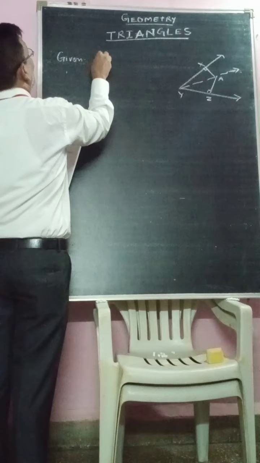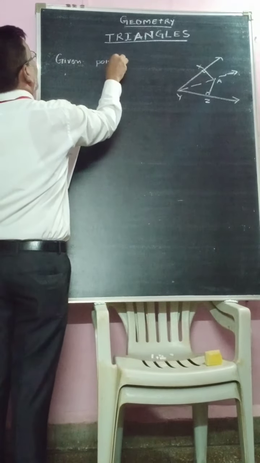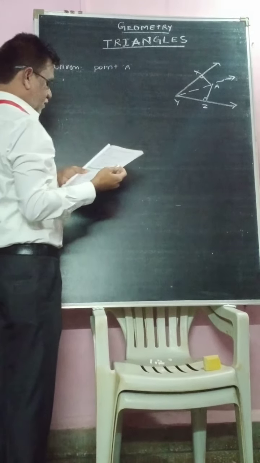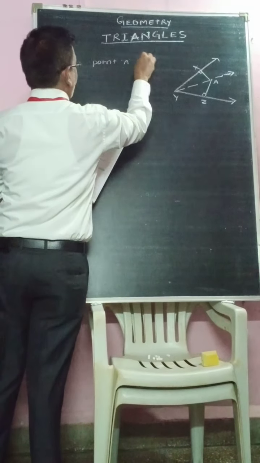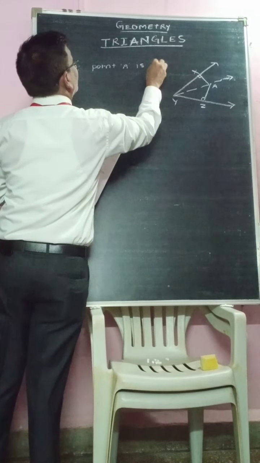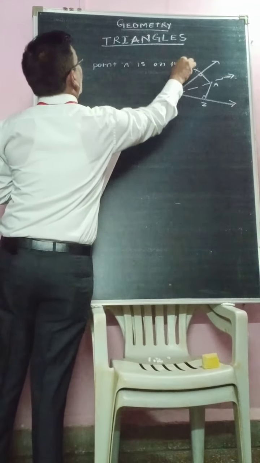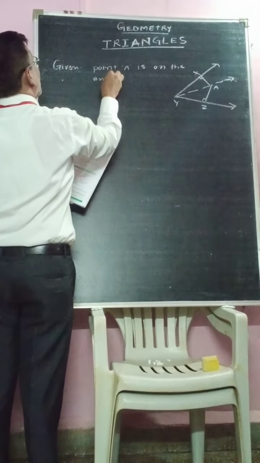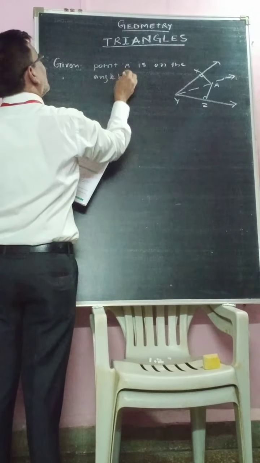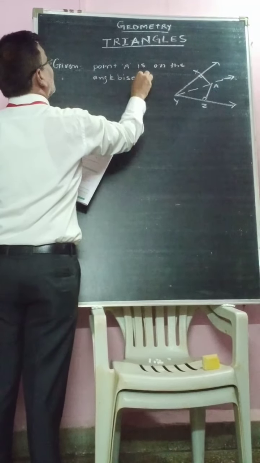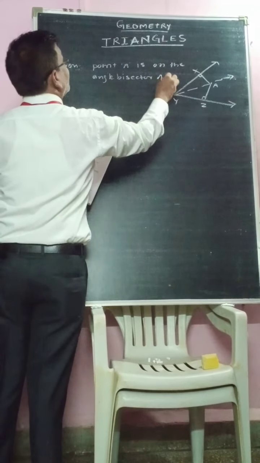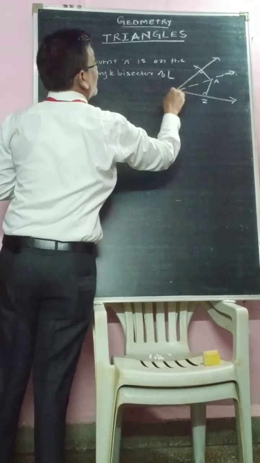Given is point A. Point A is on the angle bisector of angle XYZ.